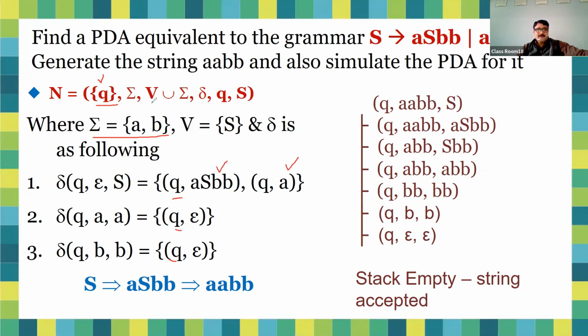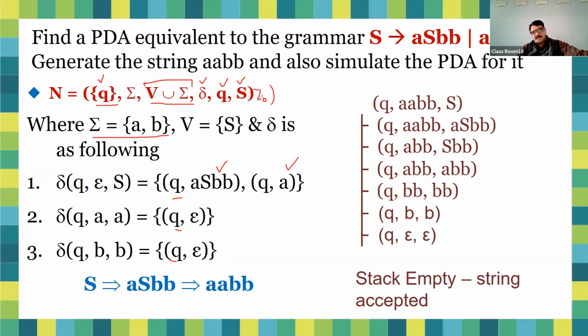And another one is V union terminals. This is the part of tau, because these are the symbols that can be stored in the stack, which can be variables or terminals, right? And simply this is the transition function. Q is the initial state, and S is the stack start symbol, right? You can also write here Z0, because Z0 is the initial stack symbol.